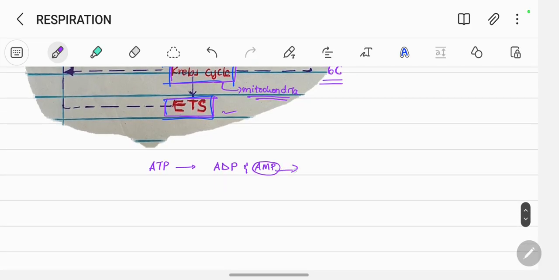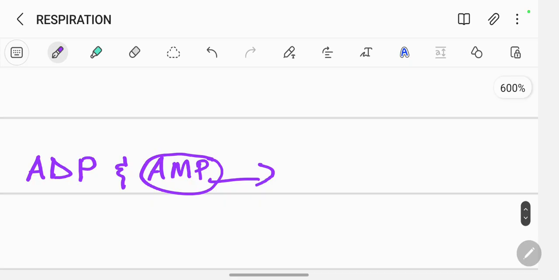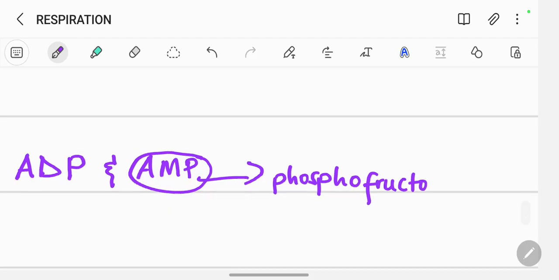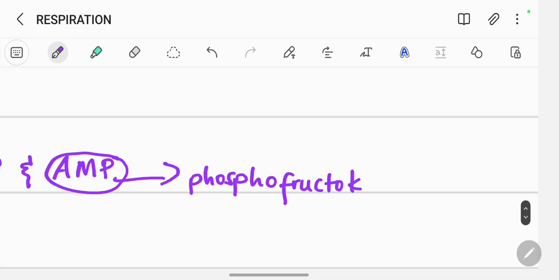So this very AMP is going to go to this phosphofructokinase.